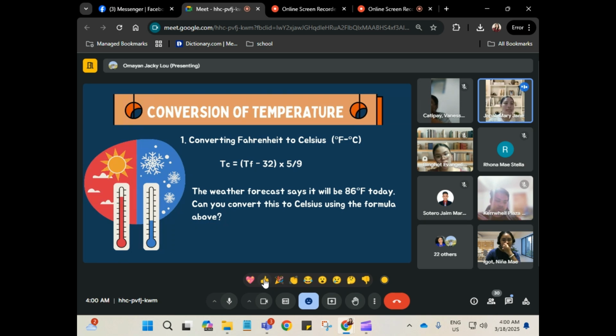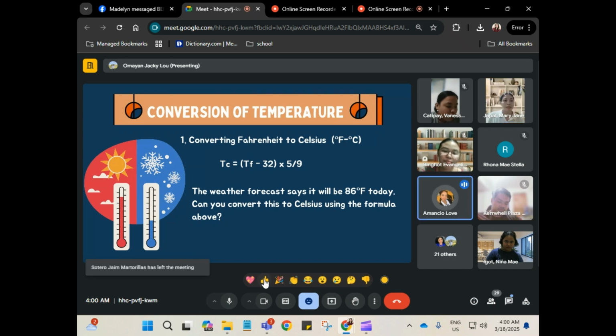So who can try, class, converting Fahrenheit to Celsius? Can I have a hand? Yes, Amancio? Teacher, wait, I will solve first.